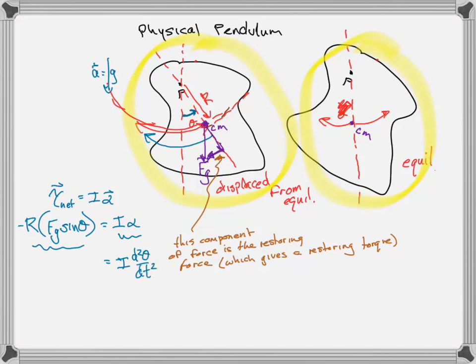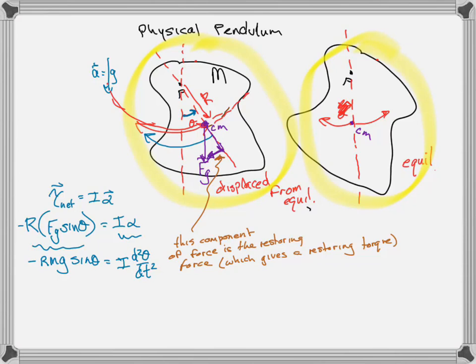And on the left-hand side, I'm going to replace Fg, the force of gravity, with mg. This whole object has a mass m. So therefore, I'm going to just replace that with minus r mg sine theta.